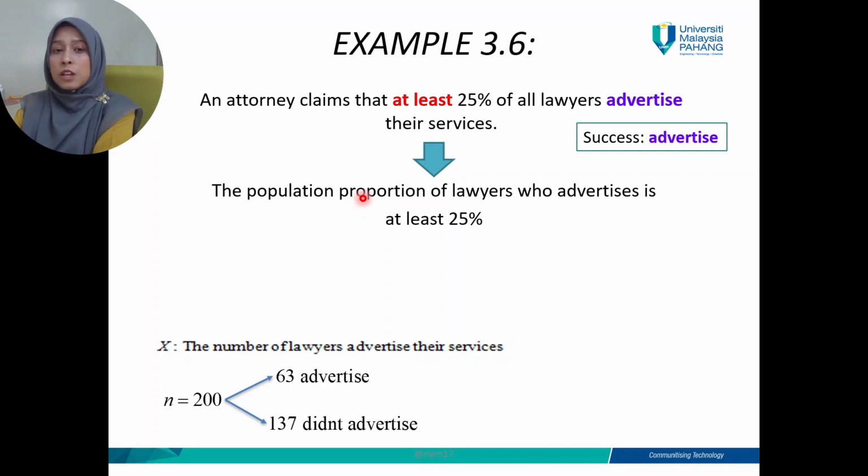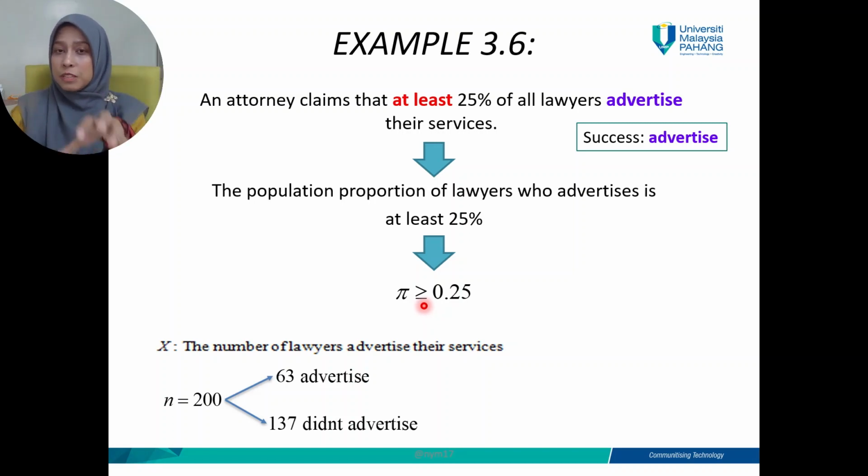I'm going to use this understanding to rewrite my claim in statistical notation. For the population proportion of lawyers, I'm going to use pi, and for at least, I will use the mathematical expression greater than or equal. You can check this using the table given to you in slide note page 7. That table will tell you what expression represents what word.